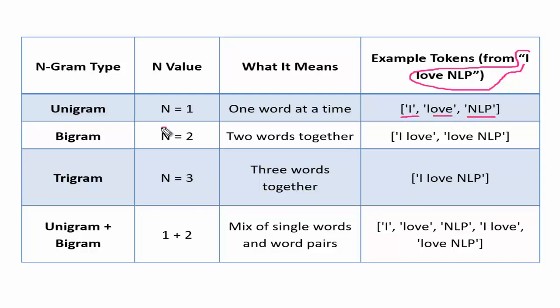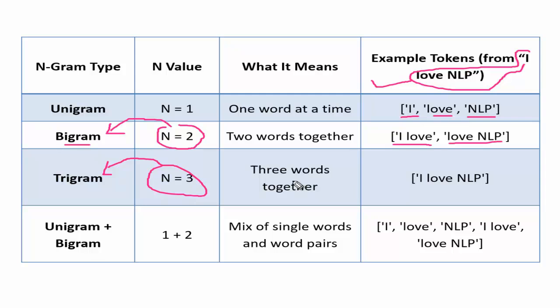In n-grams, when n is equal to 2, we call it a bigram. That means we are taking two words at a time from the sentence to form a bigram. As you can see, from this particular sentence, we are taking two words at a time. Now, when n is equal to 3, it's a trigram.